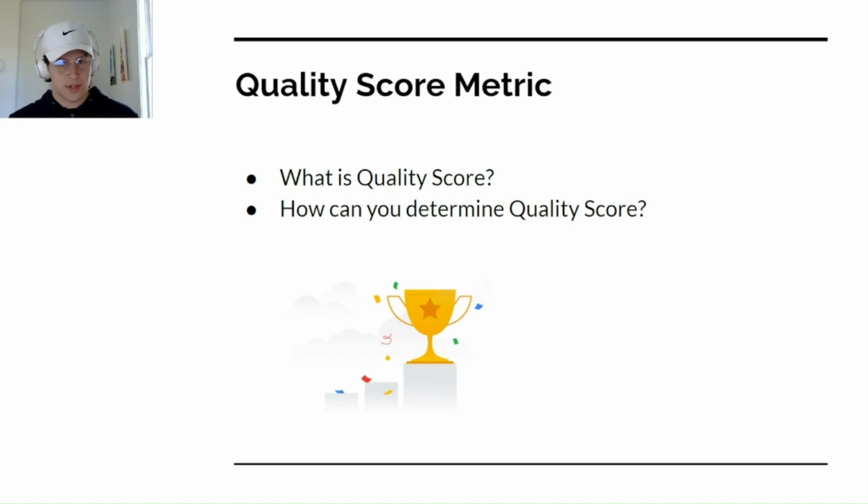Inversely, if someone's searching for personal injury law firm and your ads say LLC, contract law, your expected click-through rate is going to be lower. And then if your landing page continues that messaging of contract law and LLC type law firm, business law, your quality score is going to be really low for a personal injury keyword specifically. So when you start to understand quality score and those three metrics, it's really all about relevancy.